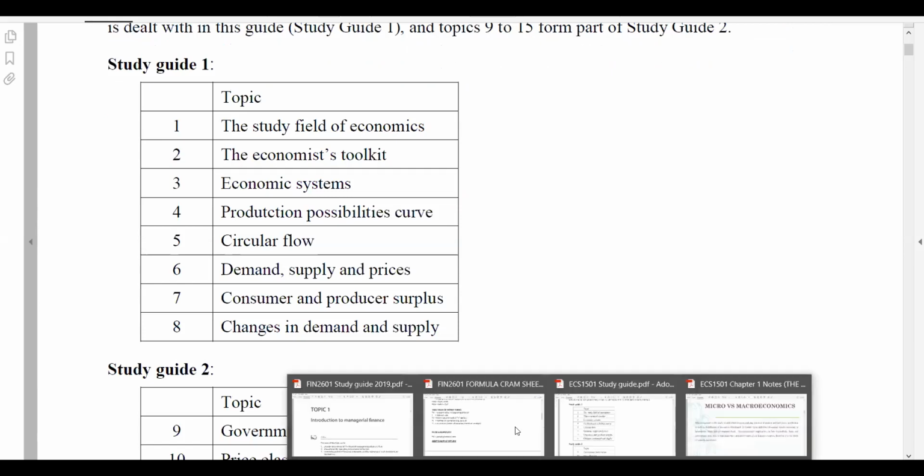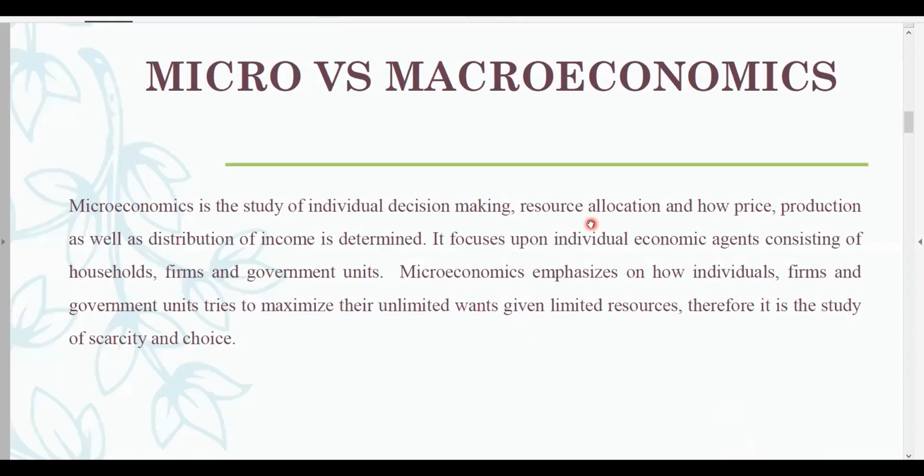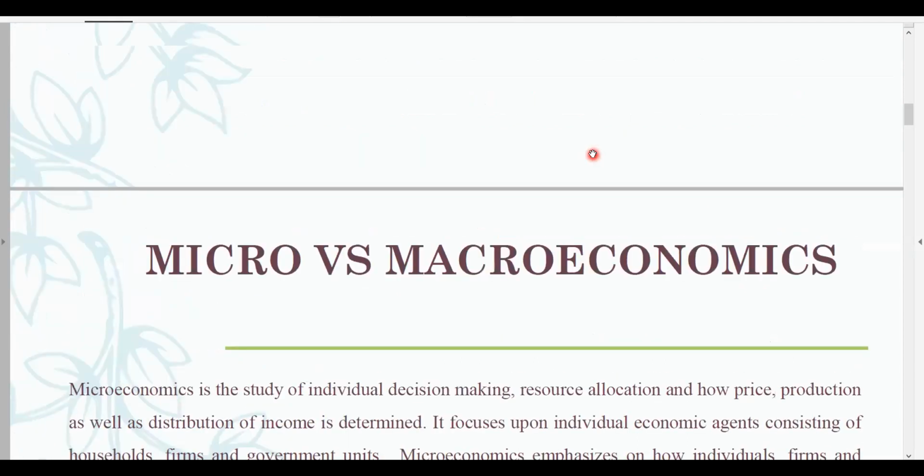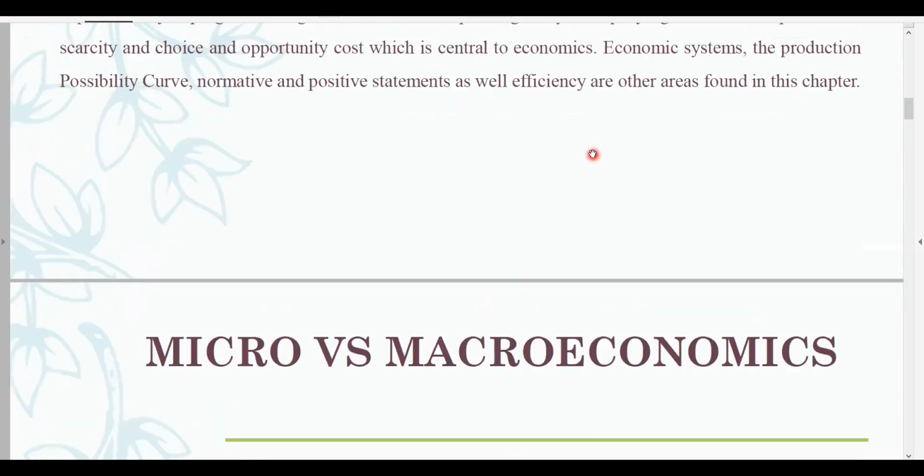So let's go straight now to the difference between macroeconomics and microeconomics. Perhaps just using your prior knowledge, what is microeconomics? One with an I, micro.